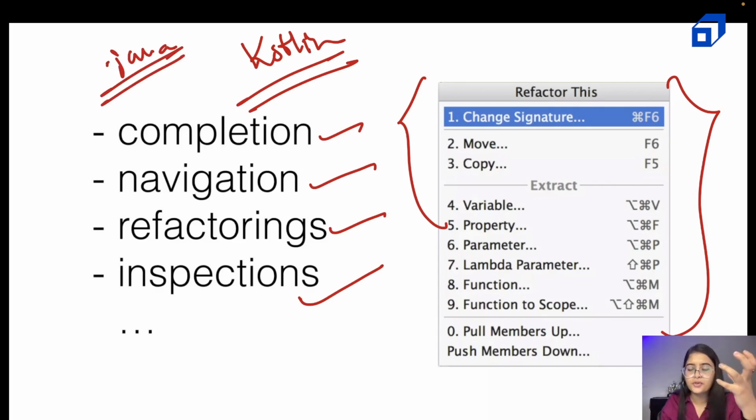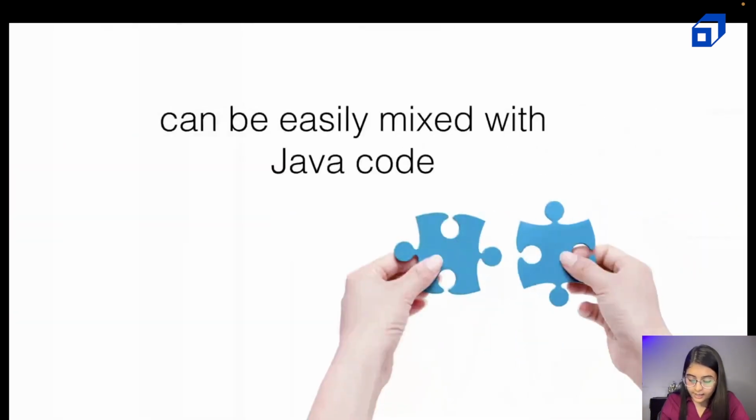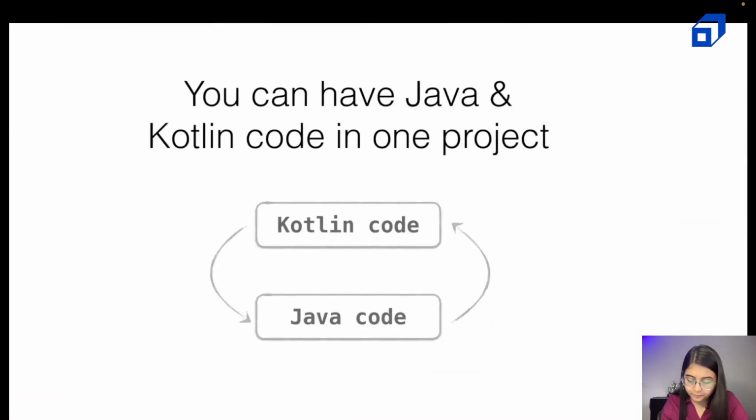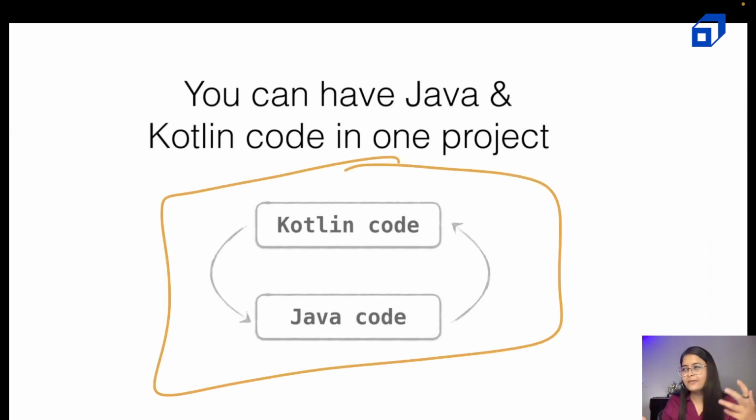You will get the option to convert that .java file directly into Kotlin with the help of those plugins provided in Android Studio. And it can be easily mixed with Java code. You can have Java and Kotlin files both in just one project. It is possible, and that's how so many people are able to use it.